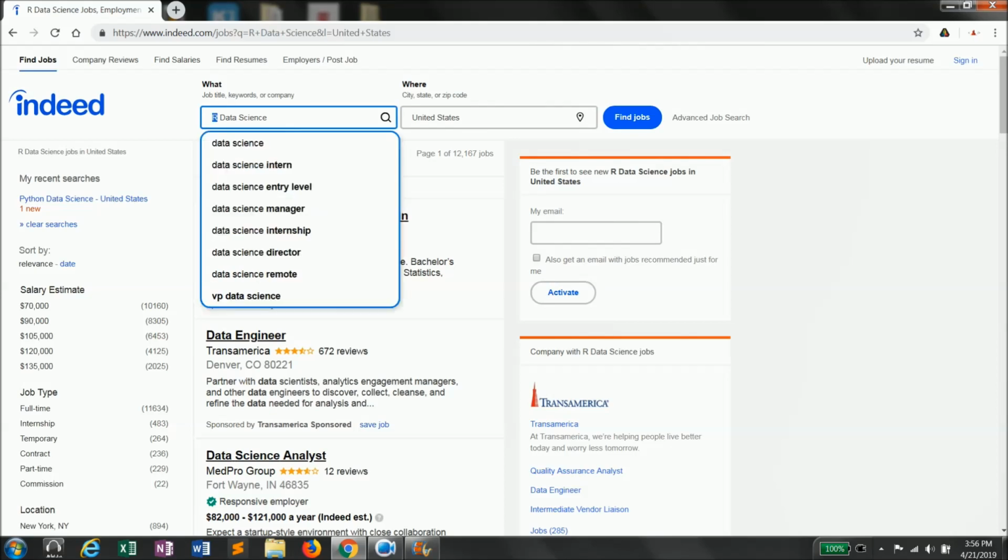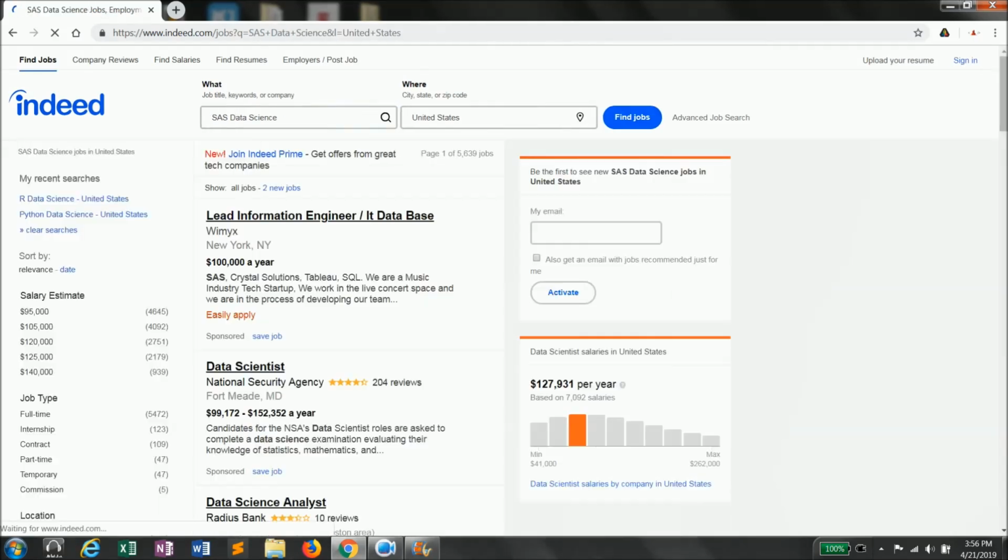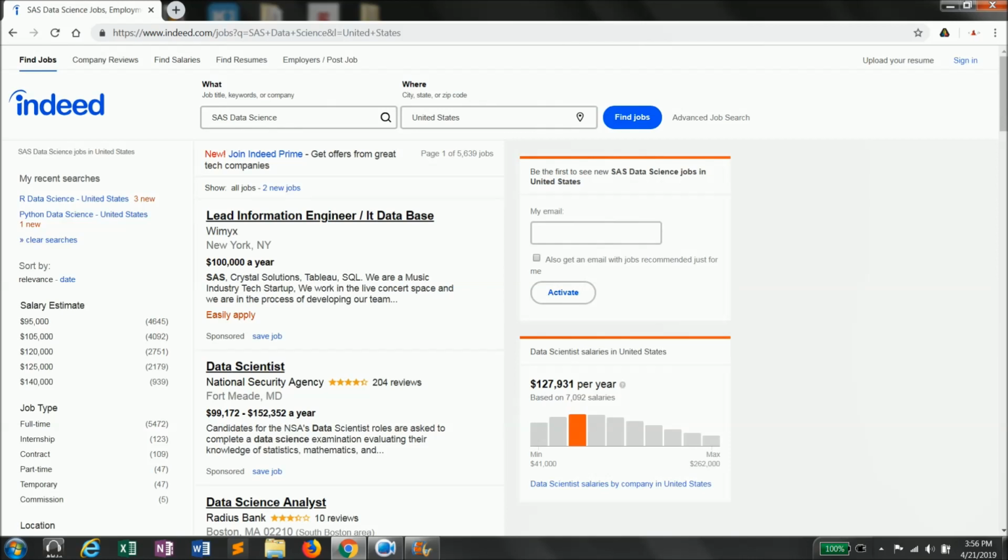Now, I am going to also look at SAS, because while I don't think many people are recommending learning SAS as your first data science language, you'll see here that there are over 5,000 jobs requiring SAS. A lot of times these jobs are in areas that have a real strong legacy data science practice, companies and industries that were doing statistics and programming together since before it was cool.